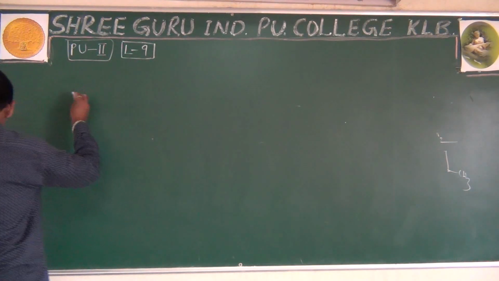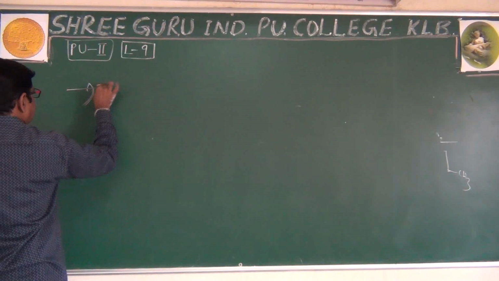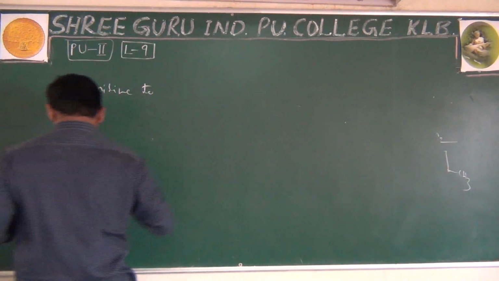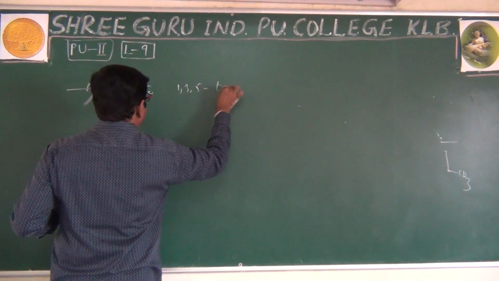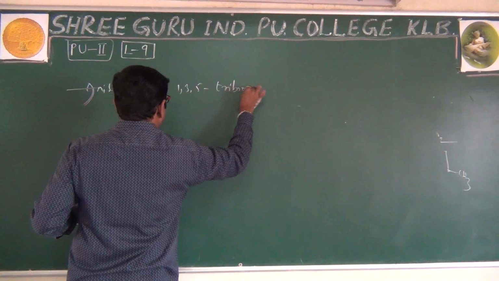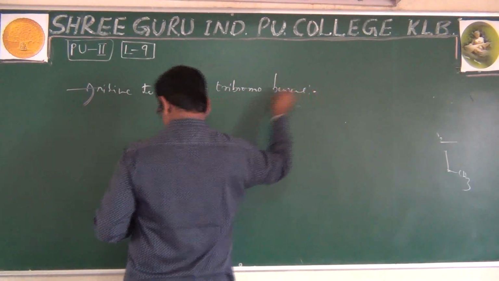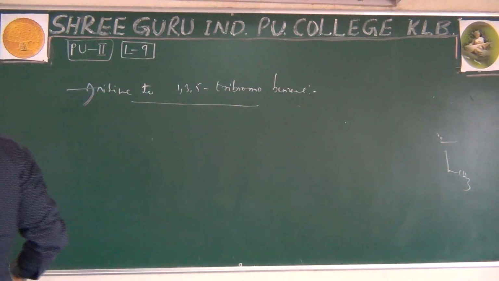Next, aniline to 1,3,5-tribromobenzene. Very simple.